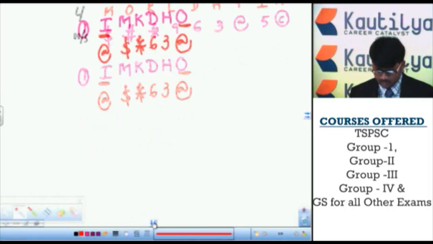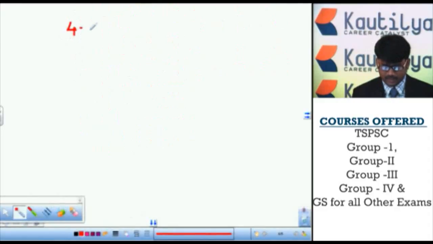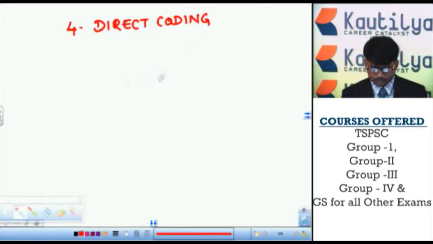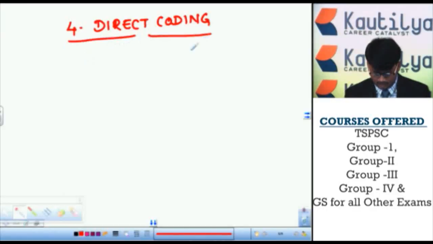Then we go for the fourth one, direct coding. In direct coding, they give two words followed by one word, or one word followed by one word.